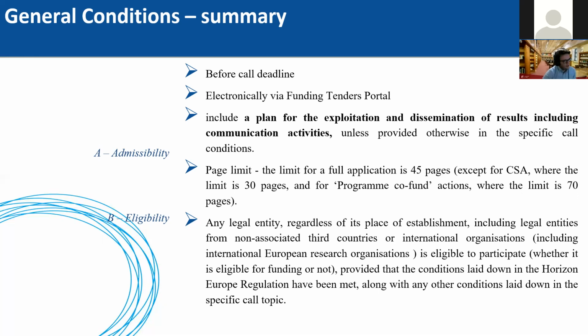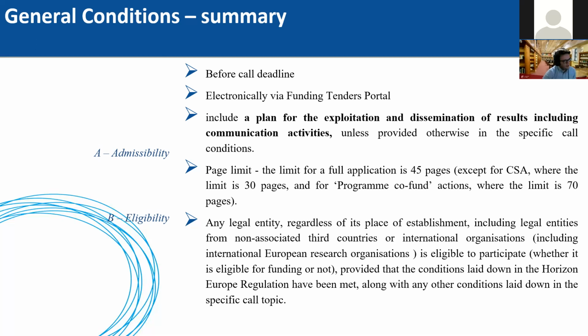Again, with regards to page limits, this follows the general Horizon approach, where a full application is now 45 pages, with the exception of the CSAs, where the limit is down to 30 pages. And for the program co-fund actions, this remains the same as in Horizon 2020, where the limit is 70 pages.